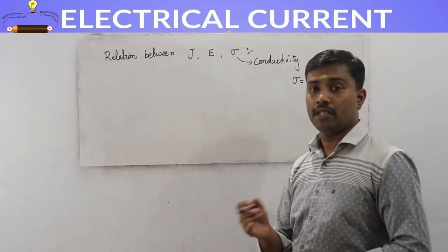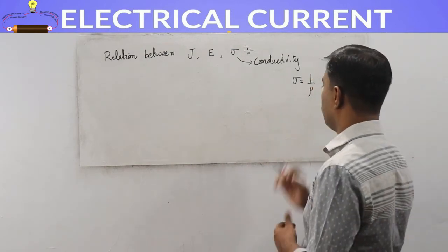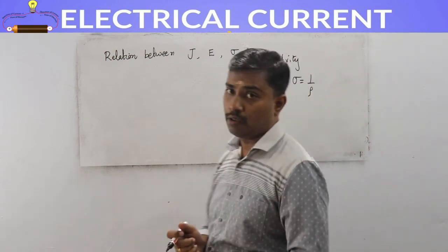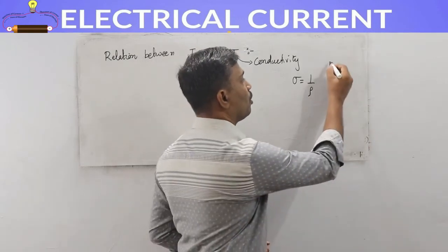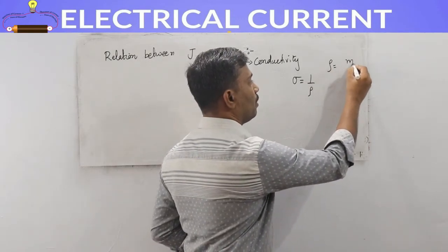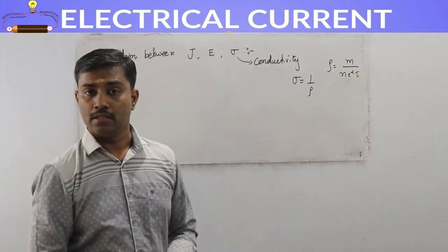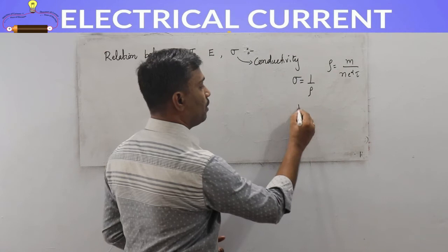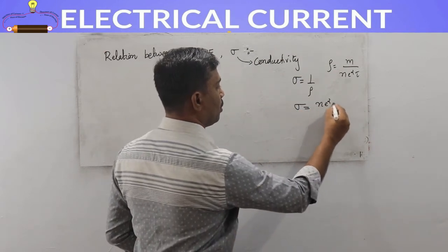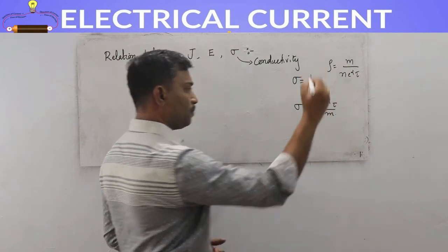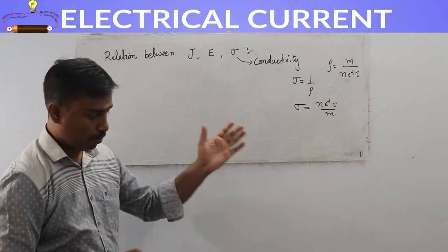We know the value of rho: rho is m divided by n e square tau. So conductivity sigma is equal to n e square tau by m.